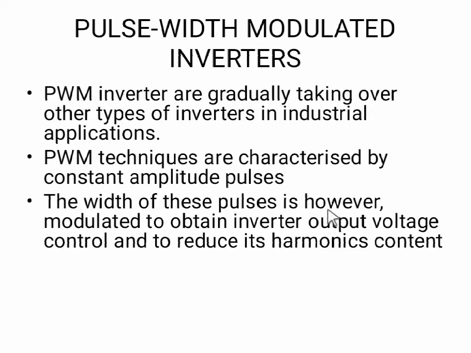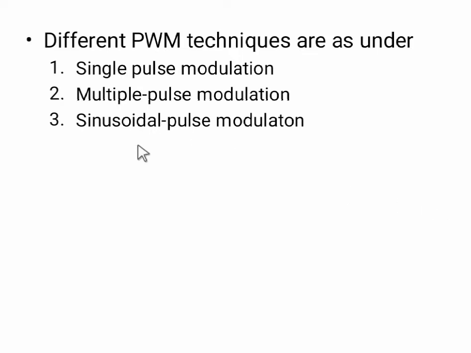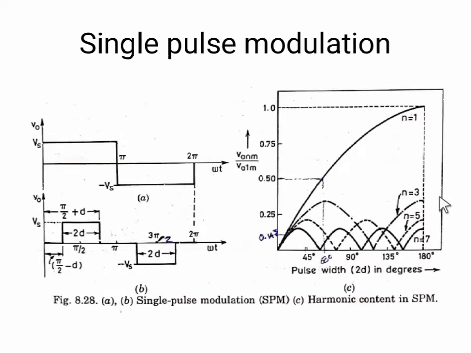The width of these pulses is modulated to obtain inverter output voltage control and reduce the harmonic content. There are three types of PWM techniques. The first one is single pulse modulation, the second one is multiple pulse modulation, and the third one is sinusoidal pulse modulation. First we understand single pulse modulation.